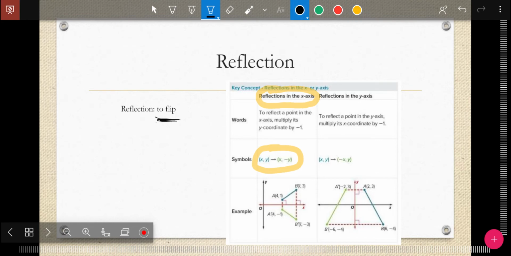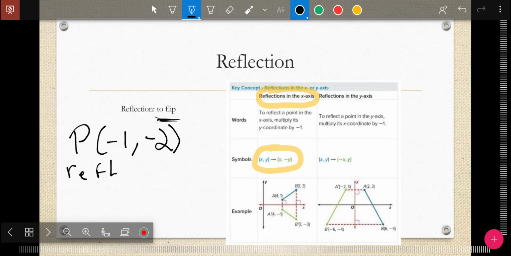And so if my point P is (-1, -2), and I want to reflect it over the x-axis, then my P image, that little mark right there, this little mark means image.